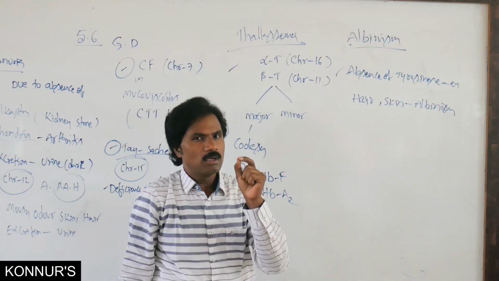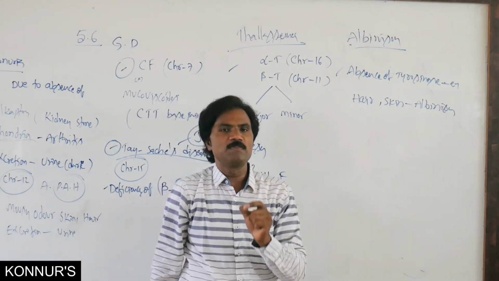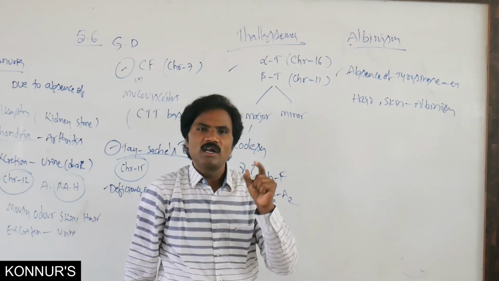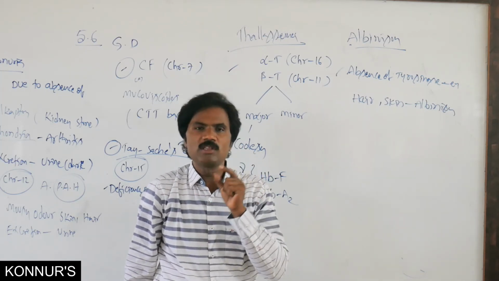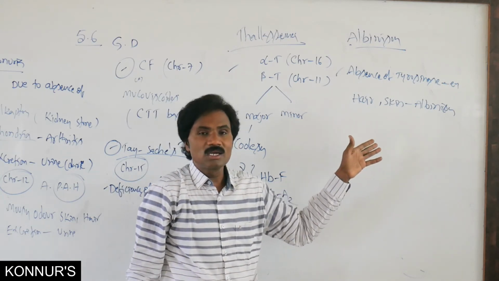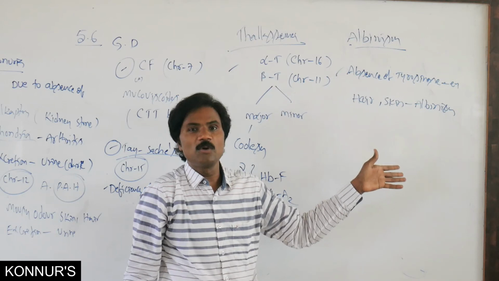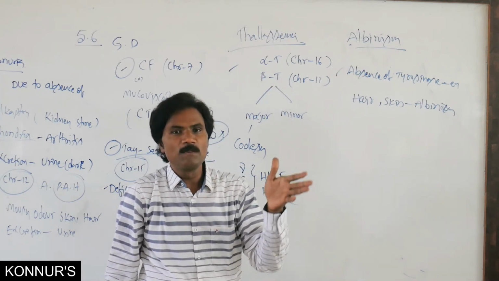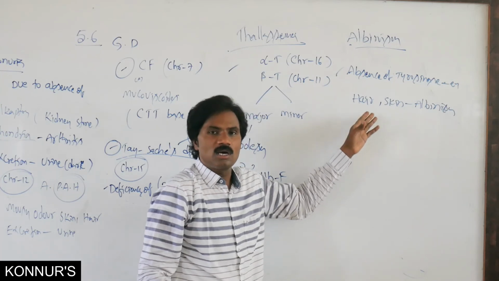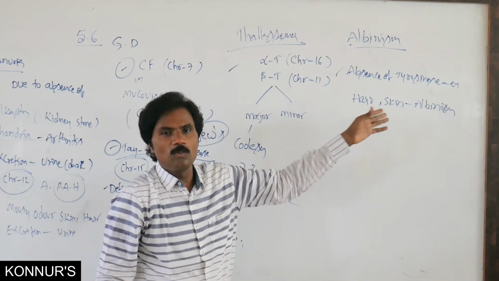Whenever the P gene on the 15th chromosome or the long arm of the 11th chromosome is defective, it leads to albinism. The color may not be present, the melanin pigment is completely absent. Normally one can observe it in the European population.